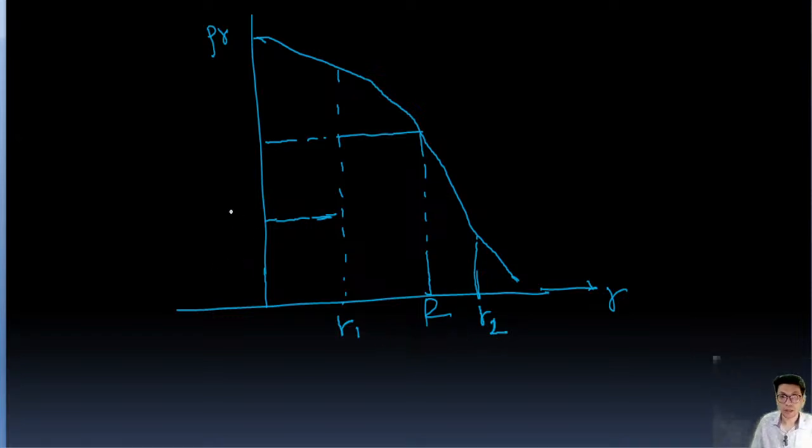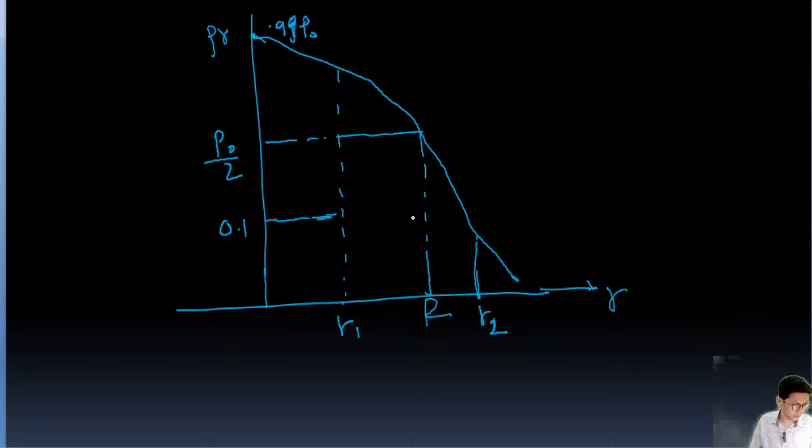Okay, and this value is 0.1 rho naught, this is rho naught by 2, and this is 0.99 rho naught. Okay, 0.99 rho naught, this value.